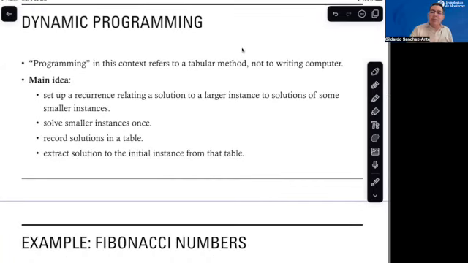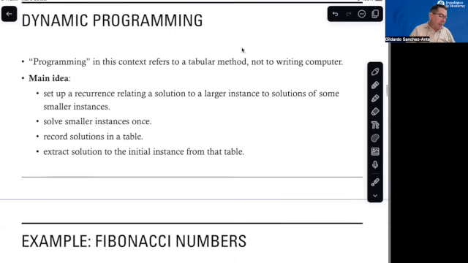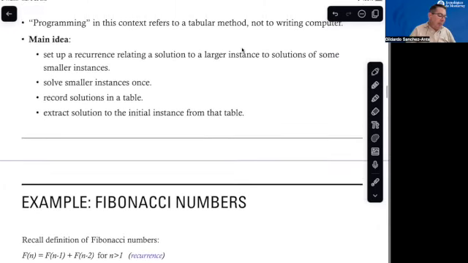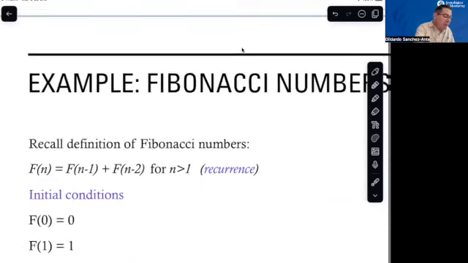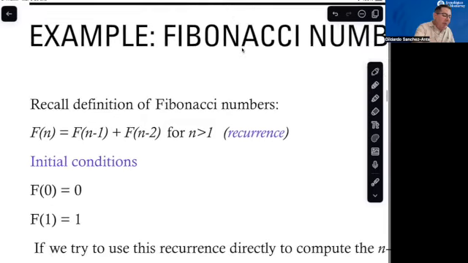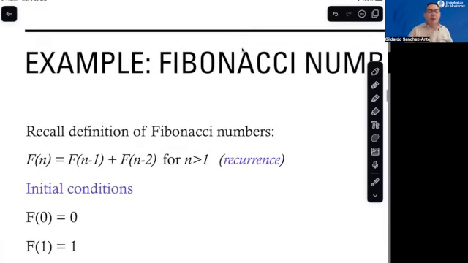In order to illustrate this technique, we will go back again to this problem that I am sure you are very familiar with, the computation of the Fibonacci numbers. We may remember that the simple definition of the Fibonacci function is a recursive one.